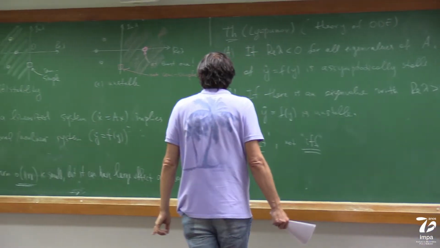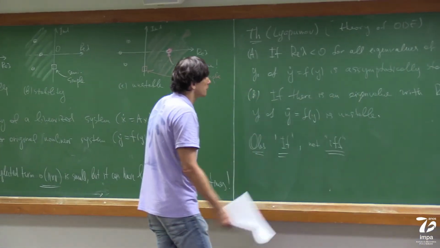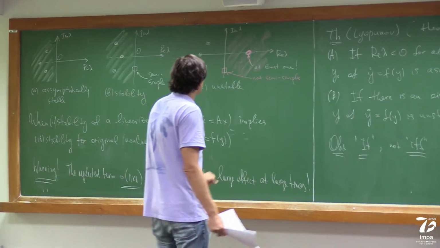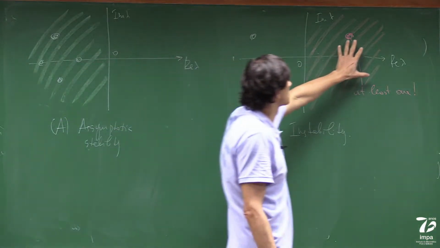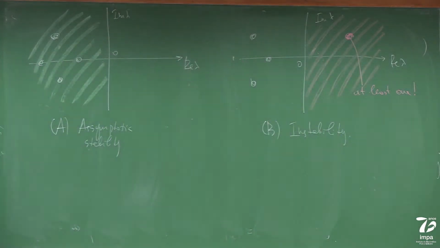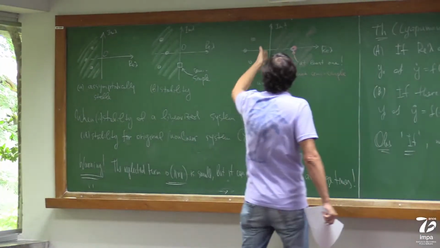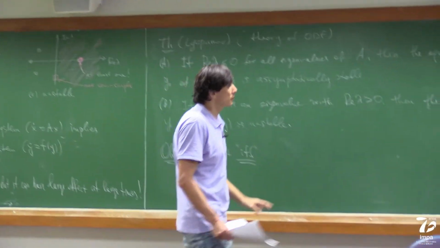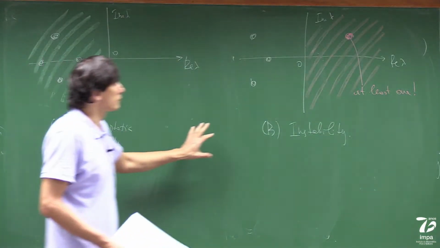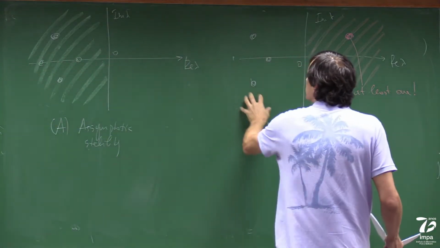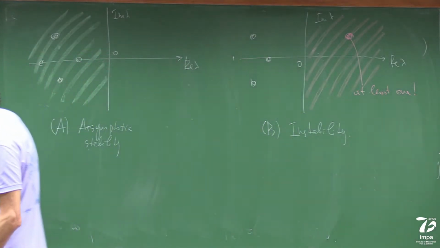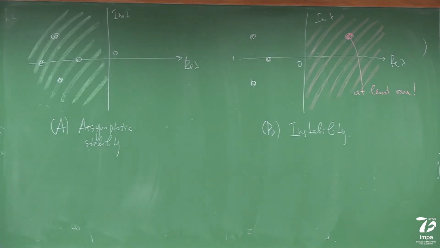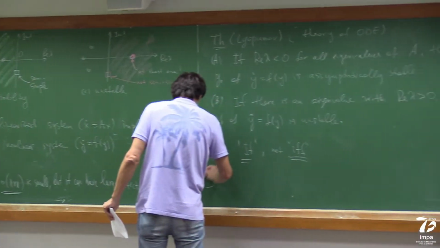The first is, of course, the if and only if. Also, in the nonlinear case, we only care about eigenvalues with positive real part. What is on the imaginary axis doesn't help. So the situation where we can really guarantee stability or instability is very similar to the stability or instability of a linear system, but not exactly the same. There is a difference, and the difference corresponds to the special case, the special Lyapunov case.